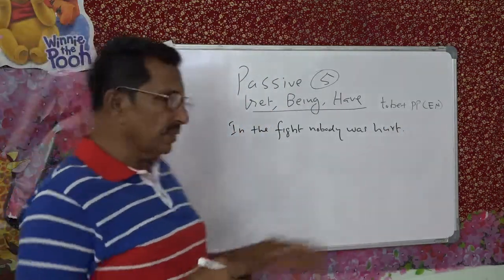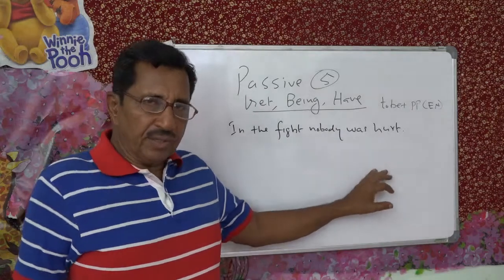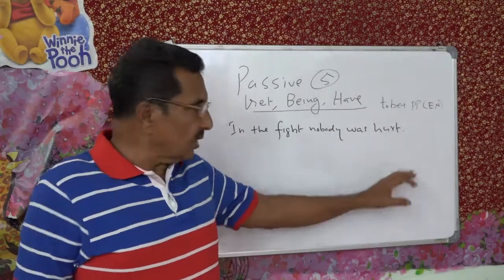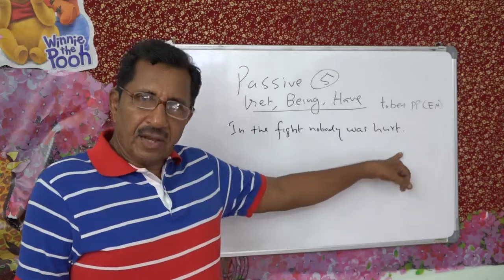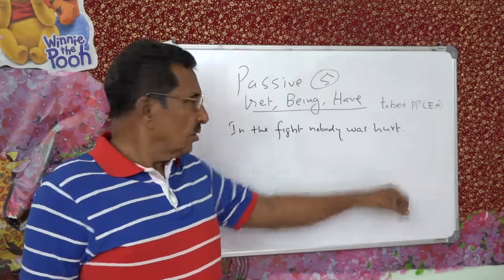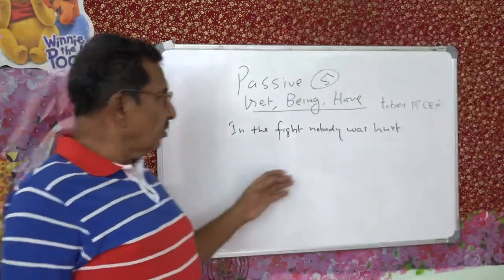So was hurt is passive. Now this is to be, because hurt is the past participle of hurt. Isn't it? So in the fight, nobody was hurt.